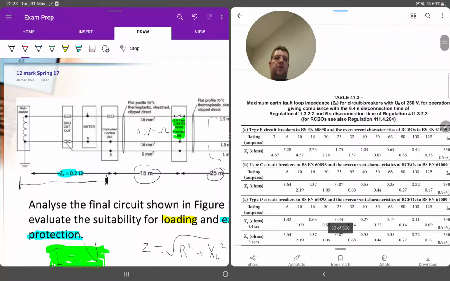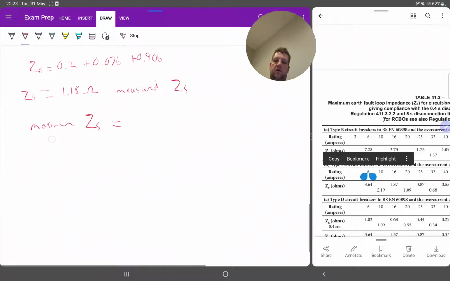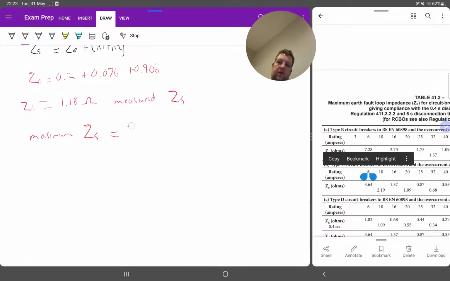At the top, we've got type B breakers, but we want a type C. Type C breaker is what we're looking at. And it's 6 amp specifically. It's given to us as 6 amp. Underneath that, it's got 3.64. So the maximum ZS we're permitted is 3.64. So I'll make that a bit smaller. We'll move across. So 3.64.